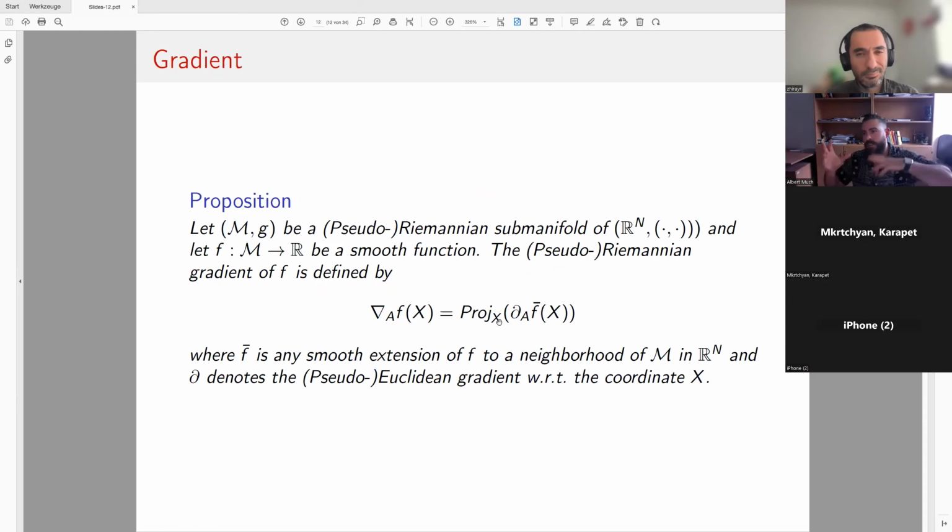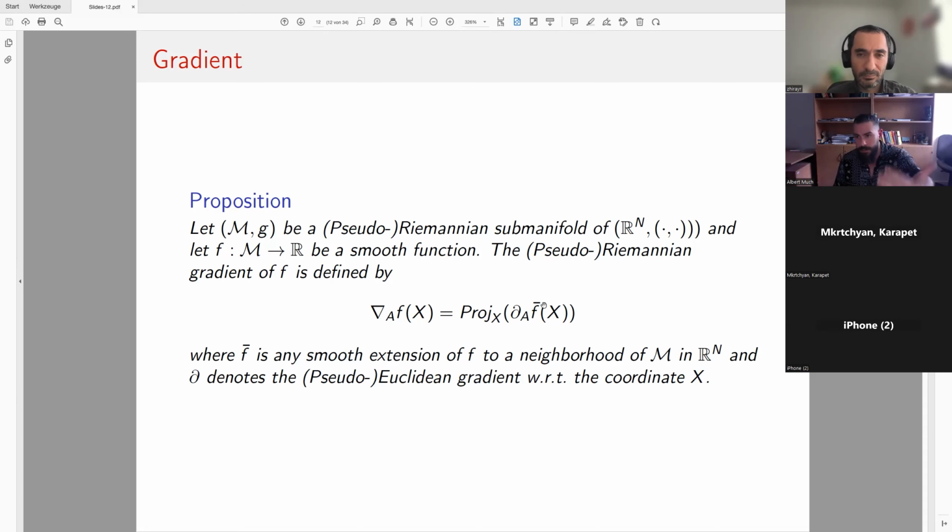And now you can start defining all the things that you need for making differential calculus, like defining the differential, so the gradient. You can define the gradient of f by taking a smooth extension of f on R^n. You take the usual derivative as if you're in R^n, and then you apply the projector back to your submanifold.